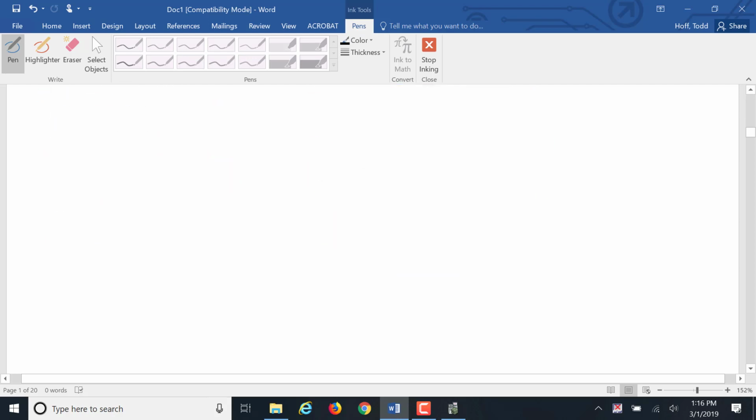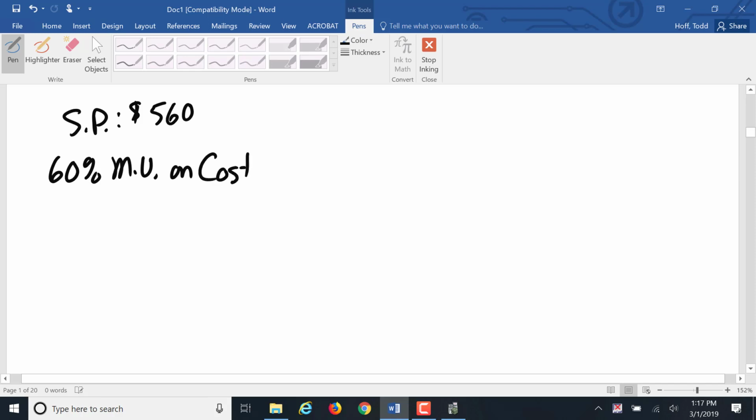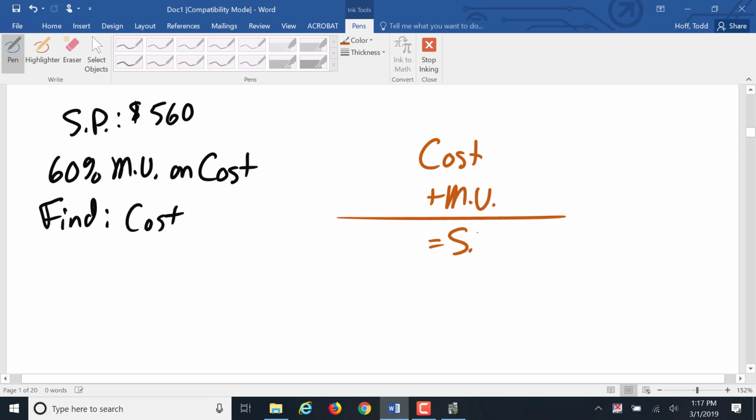Next example might be that we're given a selling price of $560, and we're told that we have a 60% markup on cost. And we're asked to find the cost. So our table is the same, cost plus markup equals selling price.